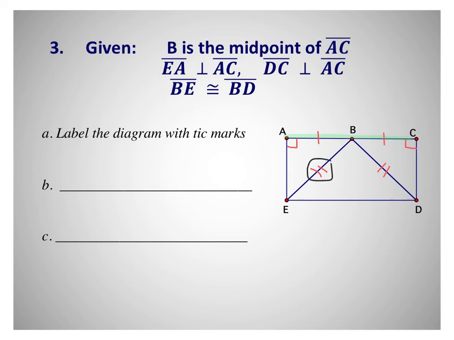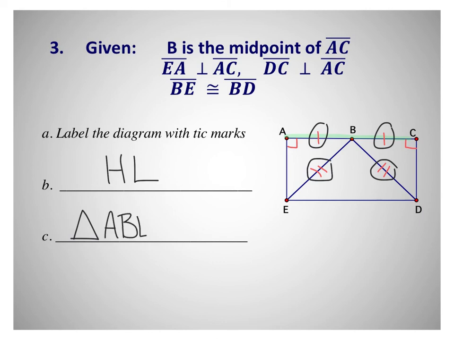The hypotenuse here is congruent to the hypotenuse of the second triangle, and we have a leg congruent to a leg. So therefore, it is hypotenuse leg. All right, let's write a congruency statement. Let's say we went ABE. It's going to be congruent to triangle... If I went A to B to E, I'm going to take that same path. It has to be corresponding. It's going to be CBD.